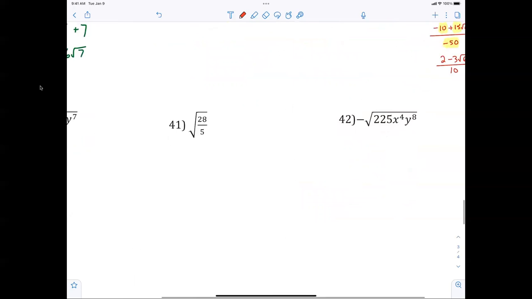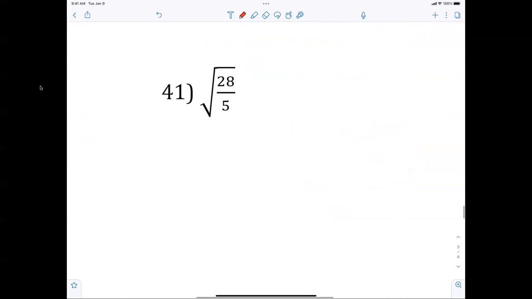All right. Here we go. Now 41. How do I want you writing this? On the top, it would be square root of 28. And on the bottom, now again, you should never look at the square root of 28 and say square root of 28. You should automatically make that what? 2 radical 7 over what?